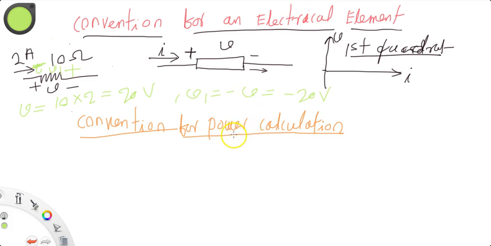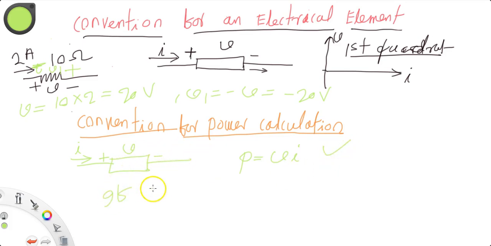Then we'll move to the power convention. The power convention is the same. You just take the reference of positive voltage and positive current entering through the terminal, and this terminal becomes positive. You calculate the instantaneous power or average power, VI. Just multiply positive current and positive voltage, VI.